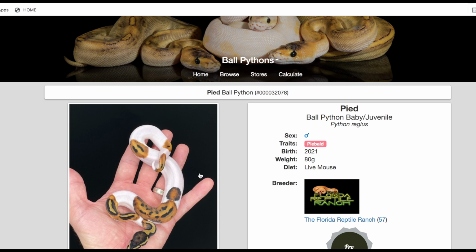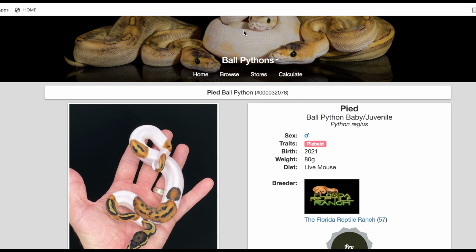Well, unfortunately, all of them are going to come out normal, and some are going to be het for one or the other. But let's say you have a piebald that is already heterozygous, meaning it's carrying one allele for albino. So piebald, het for albino, bred with an albino.